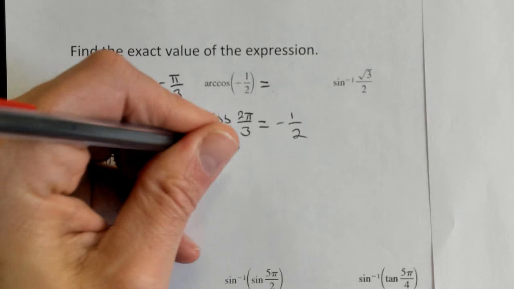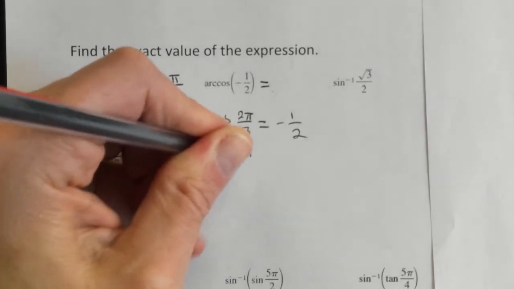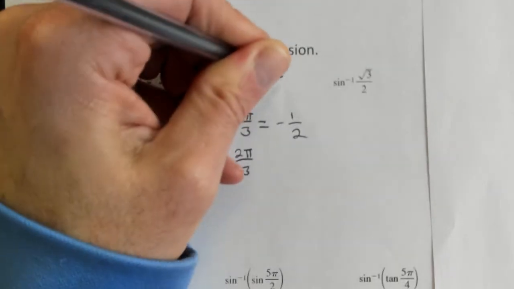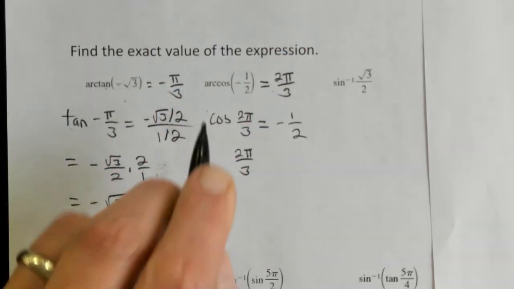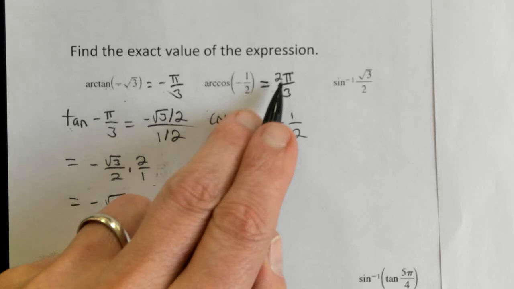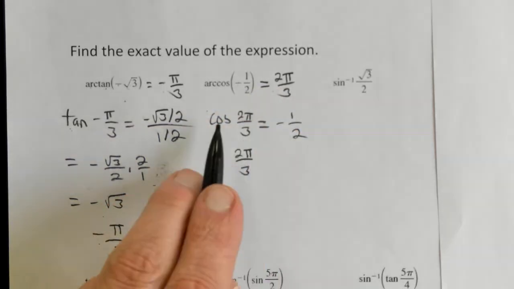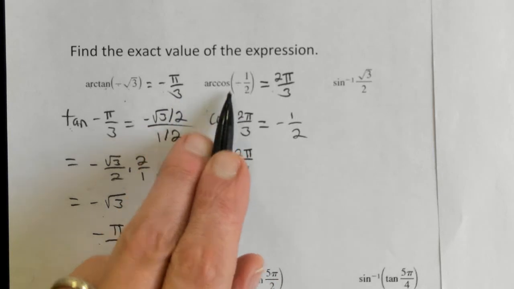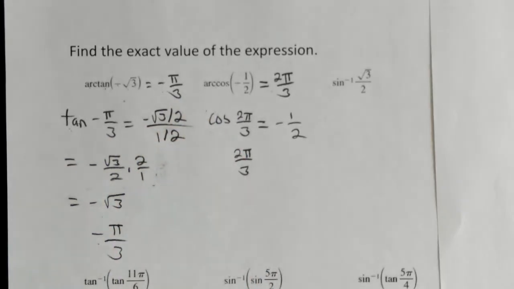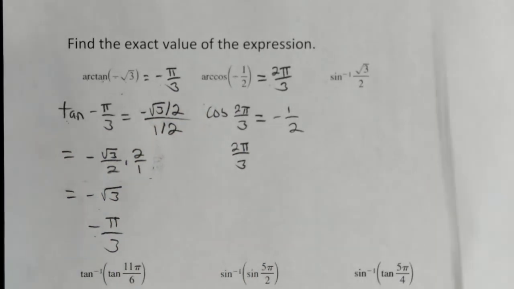And so I know that 2 pi over 3 is the correct answer. So the arc cosine of negative 1/2 is 2 pi over 3. Why? Because the cosine of 2 pi over 3 equals negative 1/2. Remember, arc cosine and cosine are inverse functions. They undo each other. All right?